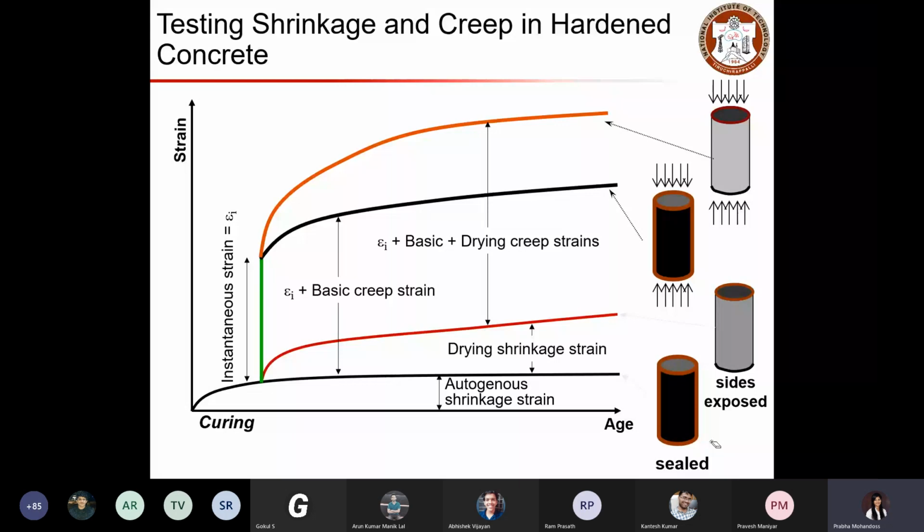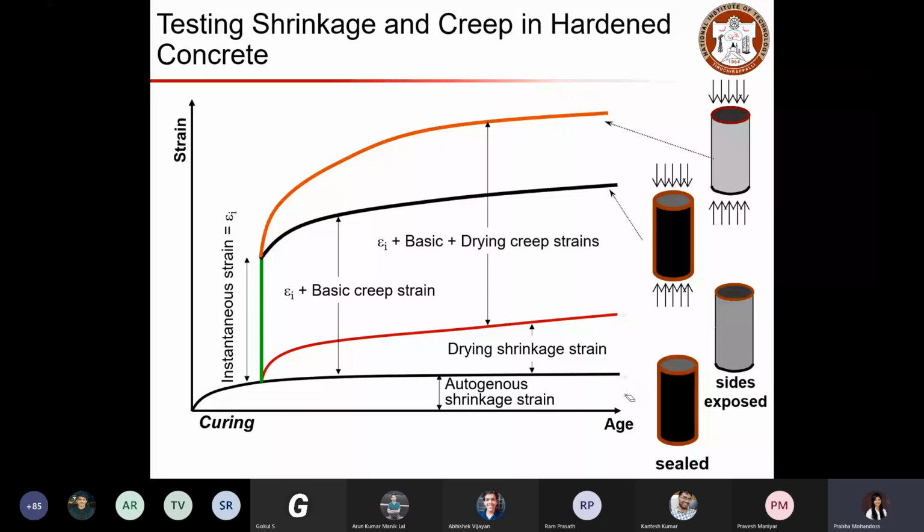So for measuring shrinkage, you basically seal the surfaces so that you are controlling the moisture evaporation at only one side. This is the setup for autogenous shrinkage, because you're not allowing moisture to be lost to the environment, and moisture is being lost within the system.